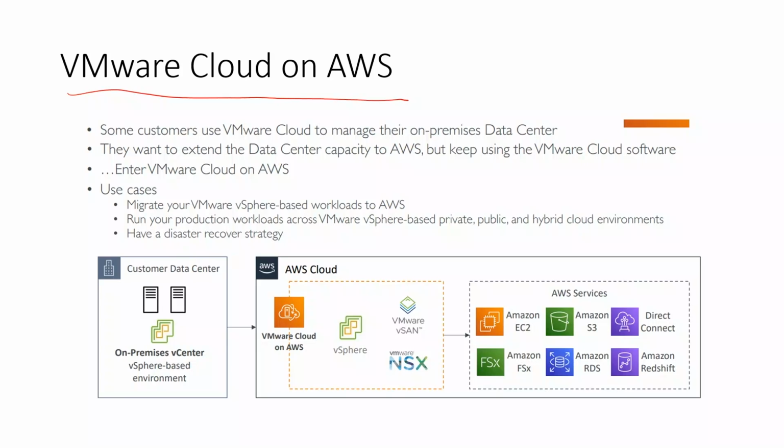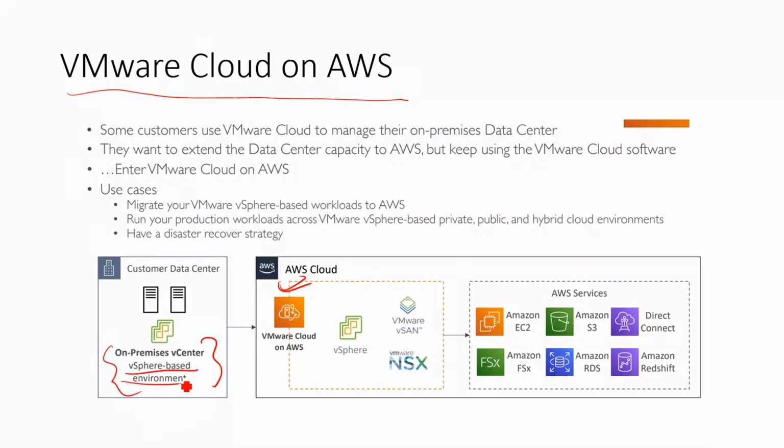What are the use cases? Migrate your VMware vSphere based workloads to AWS. Run your production workloads across VMware vSphere based private, public and hybrid cloud environments, and have a disaster recovery strategy, right? So you have your customer data center running an on-premises vCenter vSphere based environment. You can just use VMware Cloud on AWS.